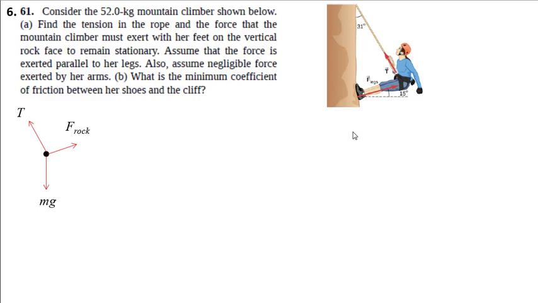That's the rock itself exerting a force on her body. So I know that in order to figure out this force and this force, I'm going to need to add together my vectors in component form. So I need to break this into a horizontal and vertical component, and I need to break this vector into a horizontal and vertical component.